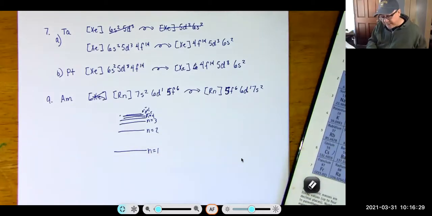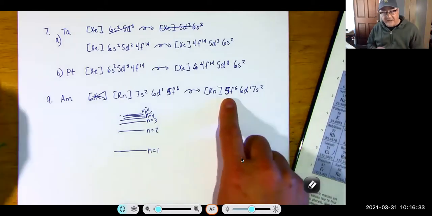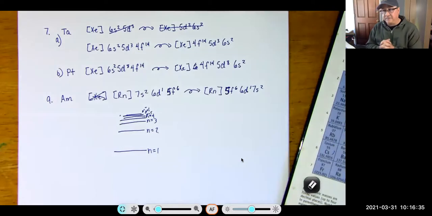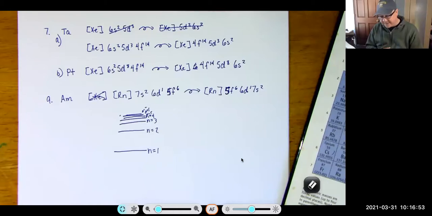So the 6d gets elevated to a higher energy orbital, because a 5 is more energetic than a 6. But the trade-off is that when you put it in the 5f, it's a more symmetrical arrangement. But you wouldn't need to know that. You would need to be able to get this electron configuration here.